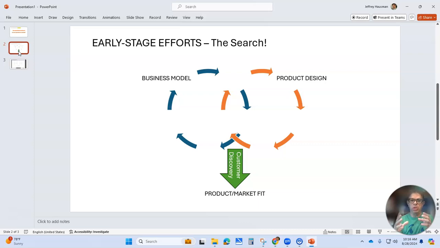But really what you need to be doing is saying, with this idea, is there a business here? Even if it's a kernel of an idea on the product side, it needs to move over to the business side to say, is this really viable? Is this something that people want, desire, and so on, that I can make money on?